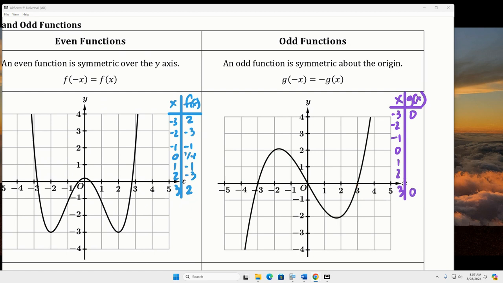Let's look at 2. So f of negative 2 looks like it's 2. So f of positive 2 should be the opposite of that, and it is. It's negative 2. Right? F of negative 1 looks like it is about 1.5. F of positive 1 is the opposite of that. And f of 0 is 0 again.